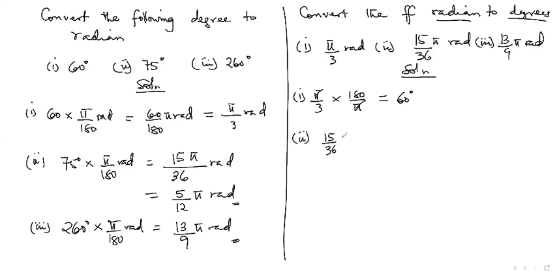Next, 15 over 36 pi. You multiply by 180 over pi. This pi will cancel. You realize that 36 will go into 36 once, and into 180 five times. Then 5 times 15 is 75 degrees.